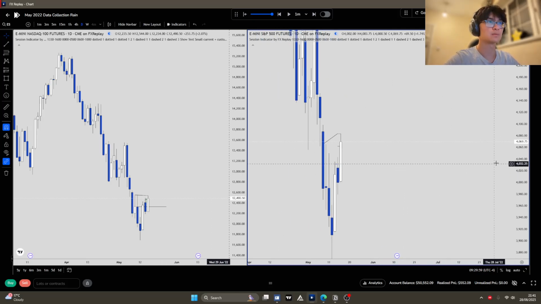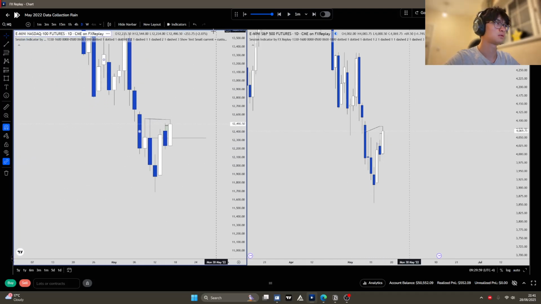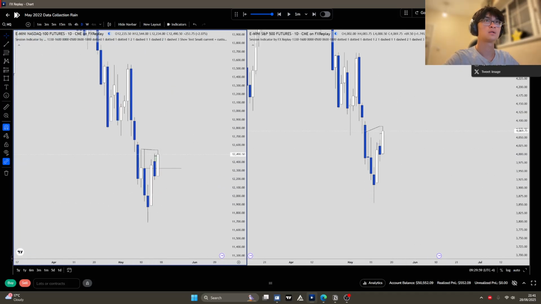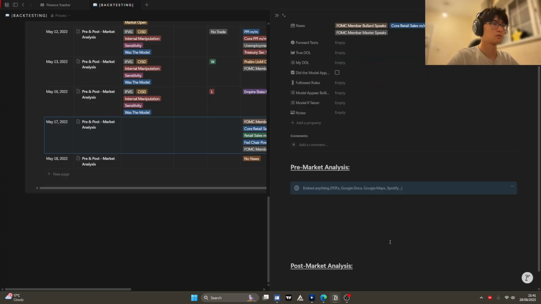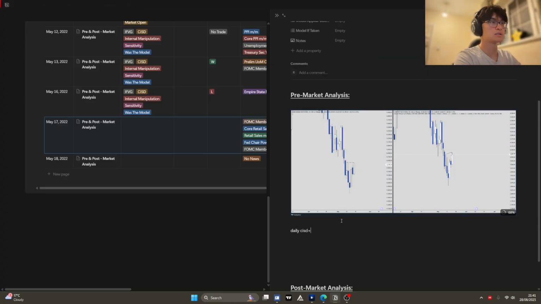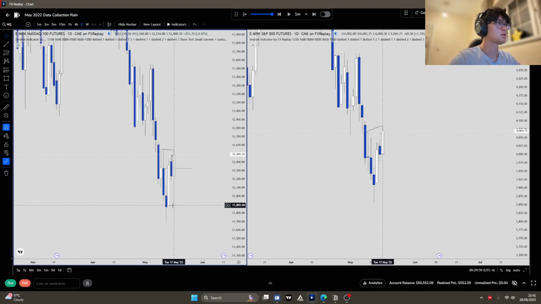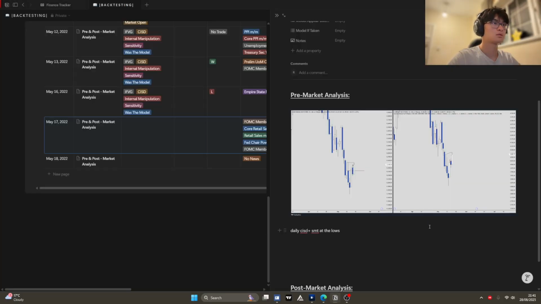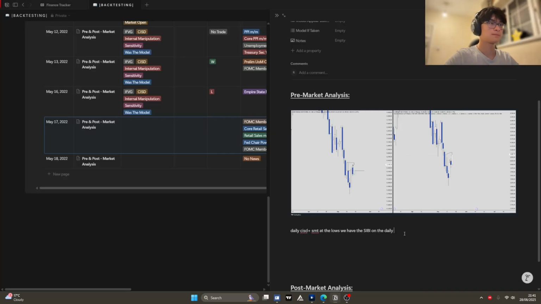Let's just see what the market wants to give us. Let's get it started. Daily CISD, essentially at the lows. We have the SIBI daily that we could be drawn to.